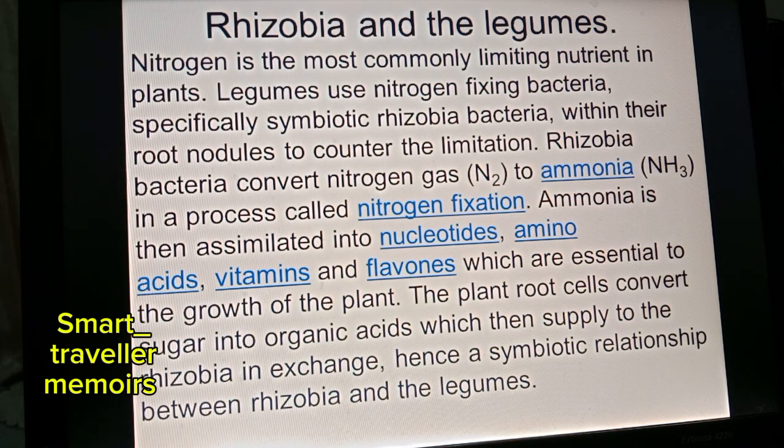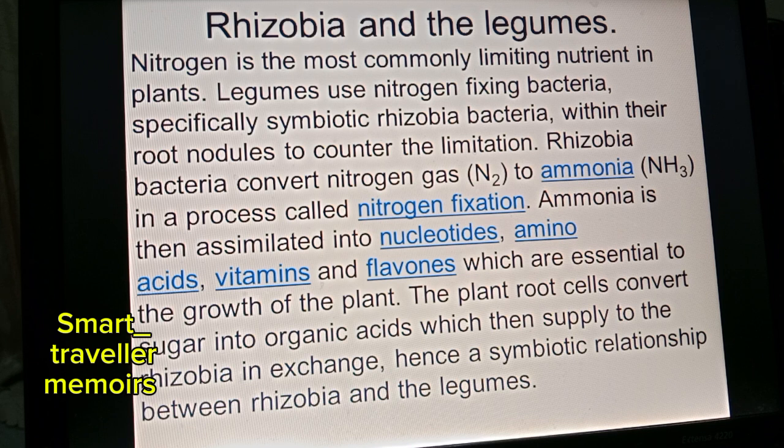So, Rhizobia and legumes. Nitrogen is the most commonly limiting nutrient in plants. Legumes use nitrogen-fixing bacteria, specifically symbiotic Rhizobia bacteria within their root nodules to counter the limitation. Rhizobia bacteria convert nitrogen gas to ammonia in a process called nitrogen fixation.